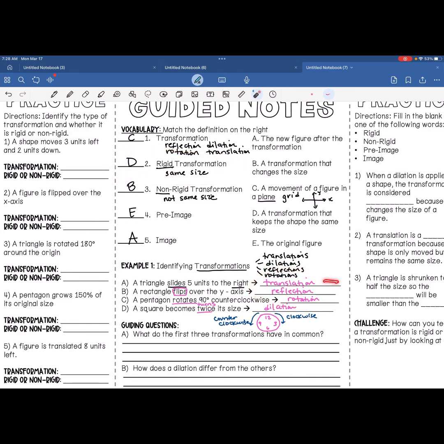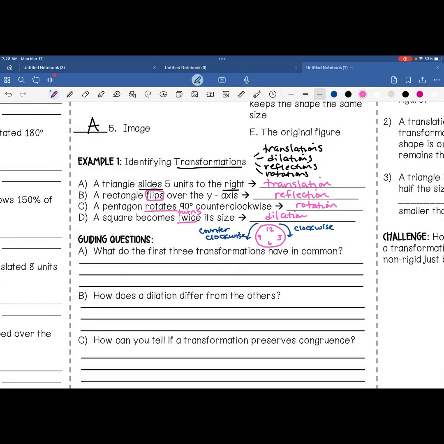So translations, reflections, and rotations do not change the size of a shape, which means that these are all called rigid transformations, right? And let's write why. Because size doesn't change. And again, pause the video, copy what you need, and then come back.